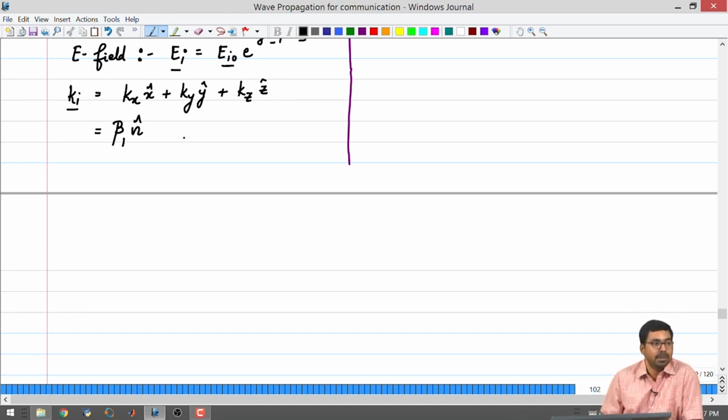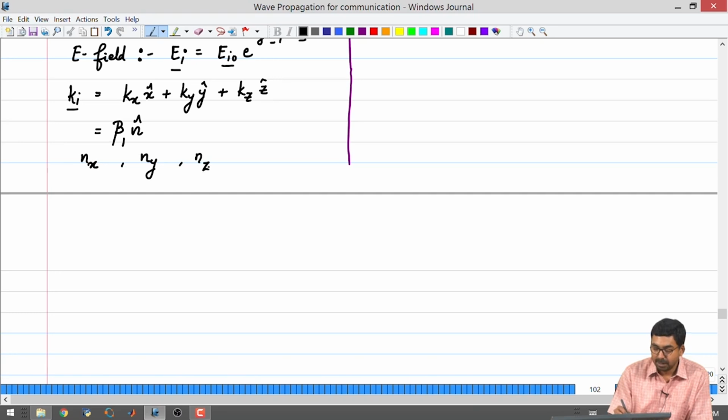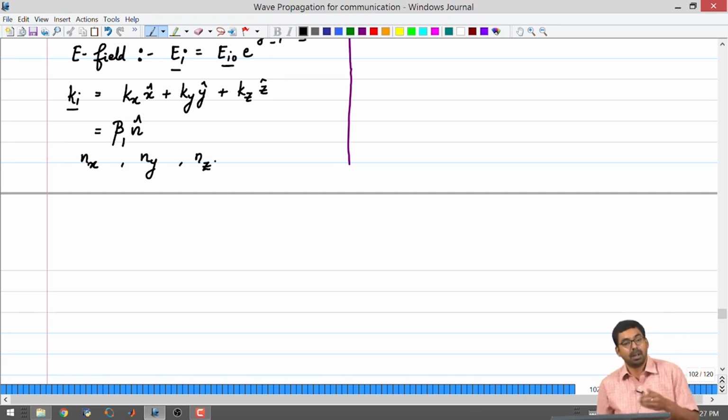These are two things that we have seen from simulations in the past. Which means that now the problem is really how I correctly ascertain what my nx, ny, nz components are going to be. These are the components of the unit vector.